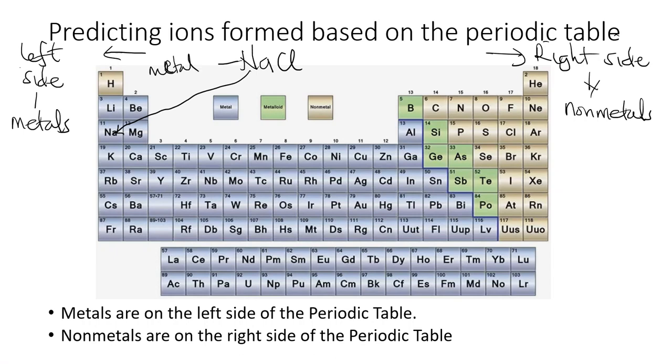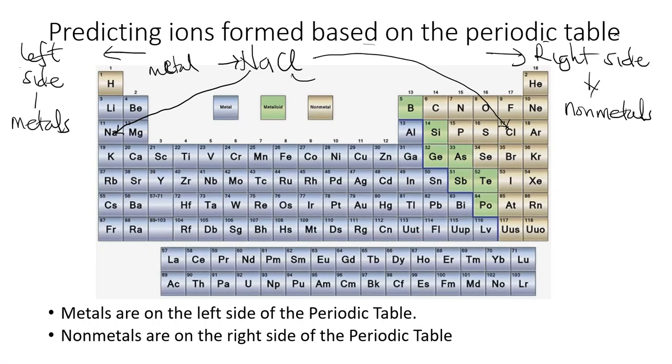Then I'll go to look for chlorine. I ask myself, is chlorine a metal or a non-metal? So I'll look at what side of the periodic table chlorine is on. I'll go all the way here and find chlorine here. So chlorine is on the right side of the periodic table.